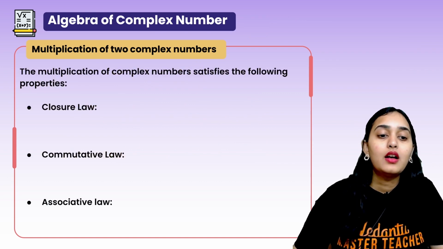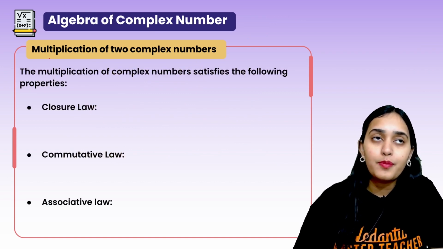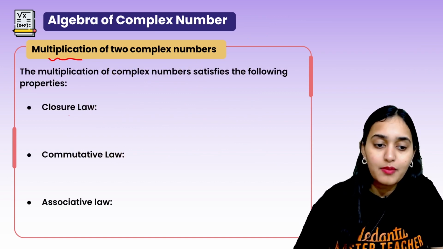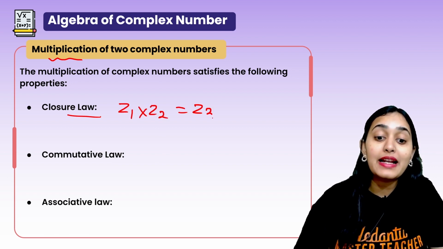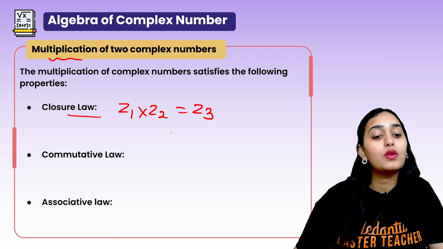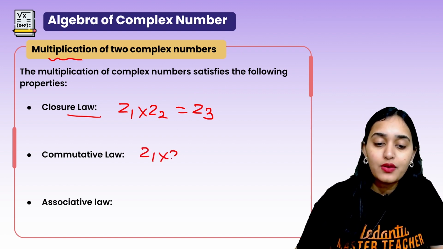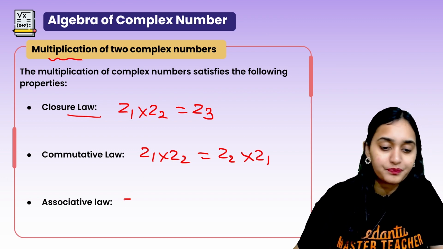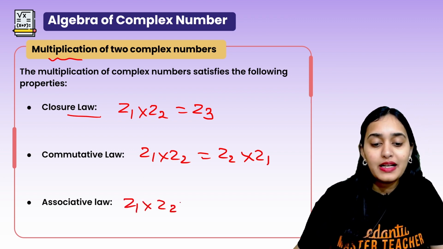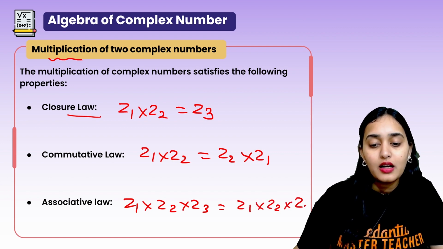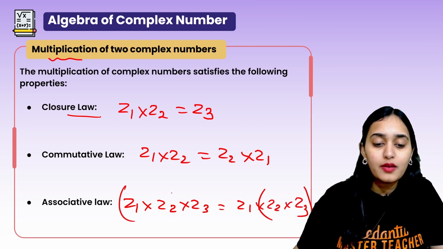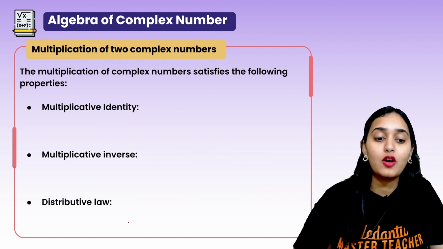Okay. Now, what are the properties of multiplication of complex numbers? Closure law again: if you multiply two complex numbers, you will get a complex number only. If you multiply two complex numbers in different orders, the answer will be the same. If you multiply three complex numbers z1, z2, z3, then brackets do not matter. Associative law.